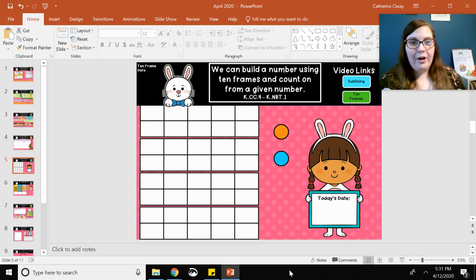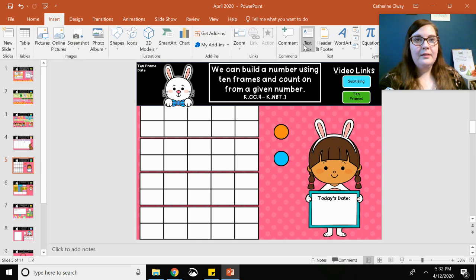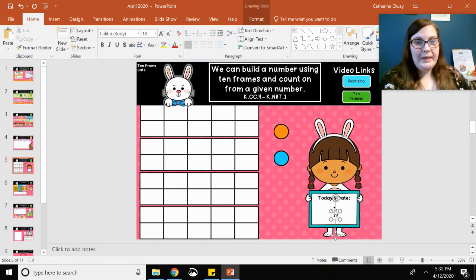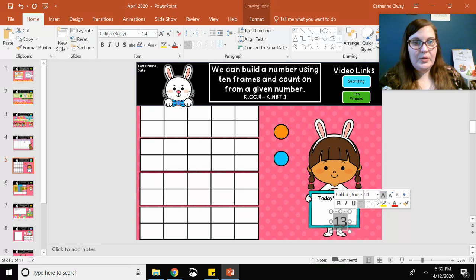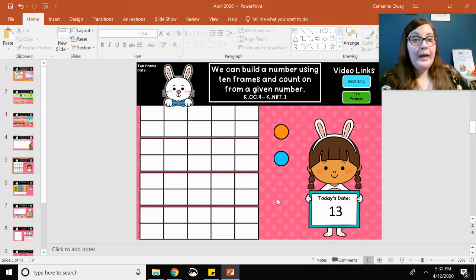If we're talking about our days, let's add in a text box to write in the number 13 because that's the number we're working with, because that is today's date. So that's what I'm going to build in my 10 frame. Now, I know that numbers in the teens have a group of 10.